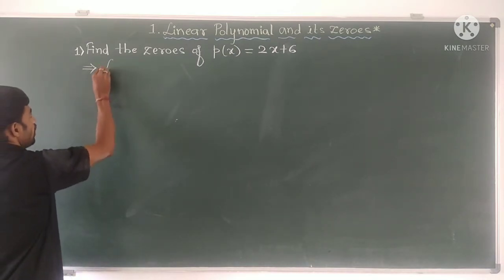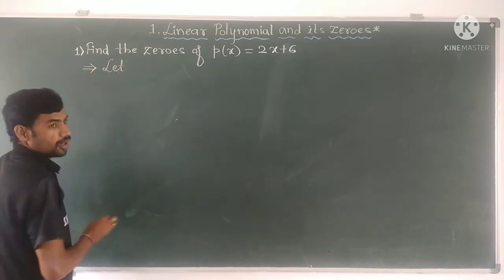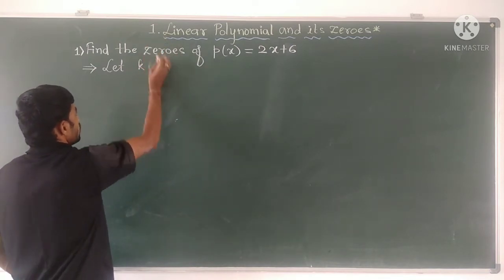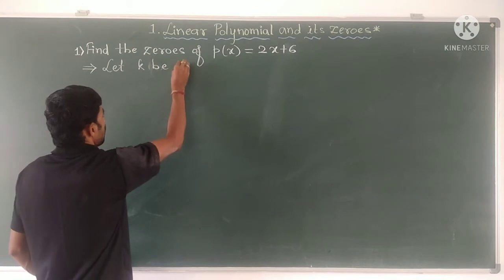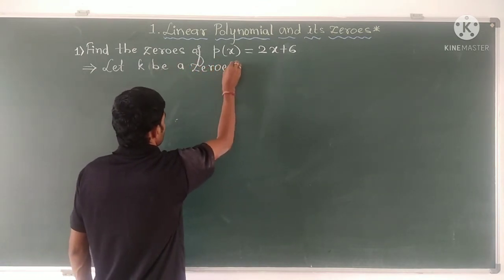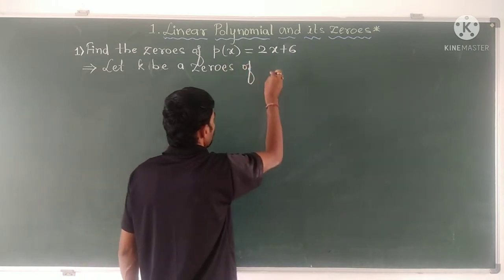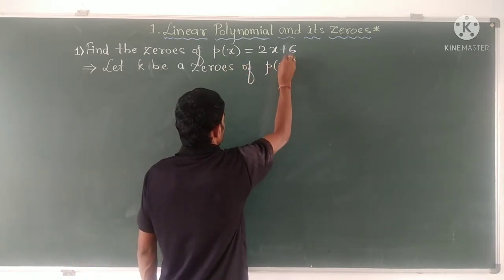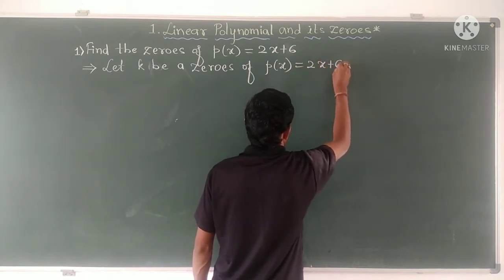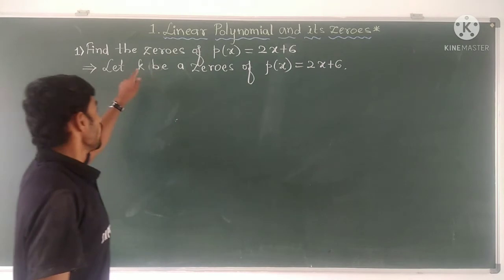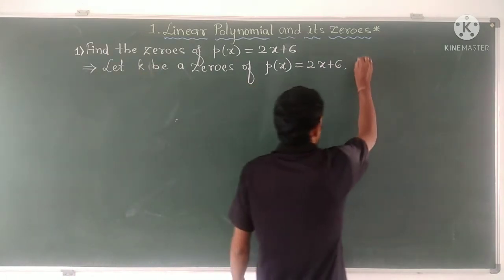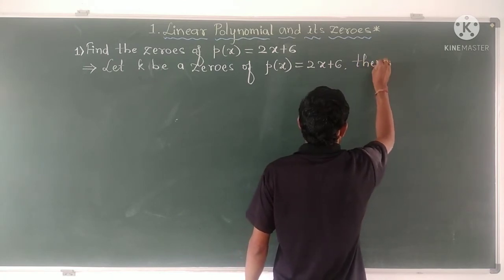Let k be a zero of p of x equal to 2x plus 6. Then what is the condition we have seen?